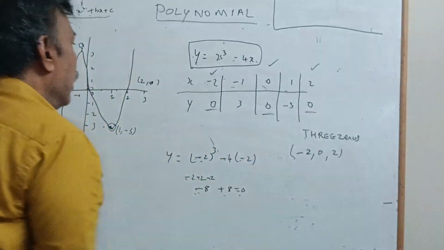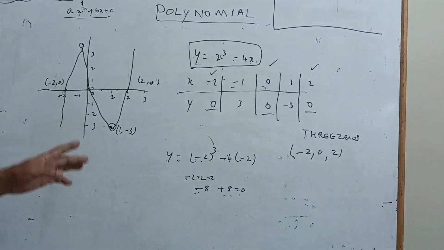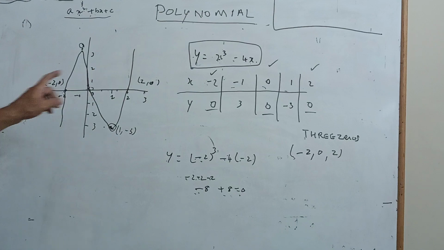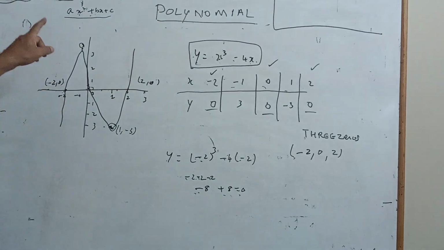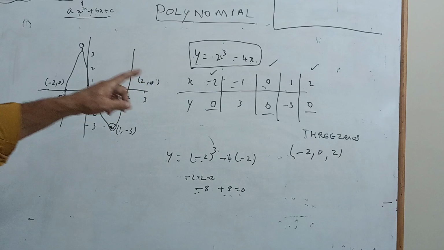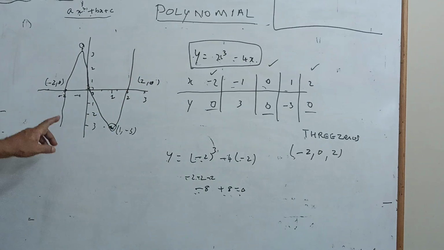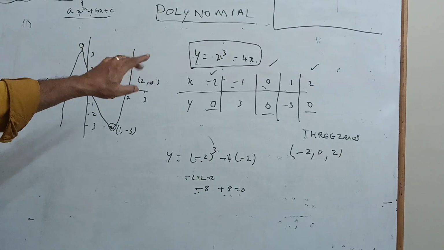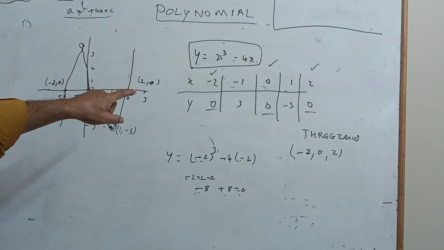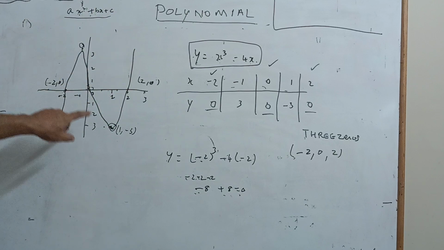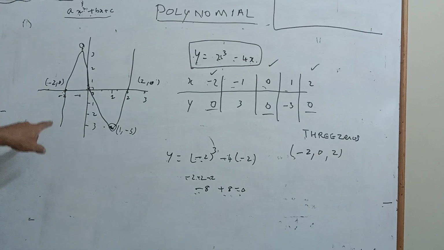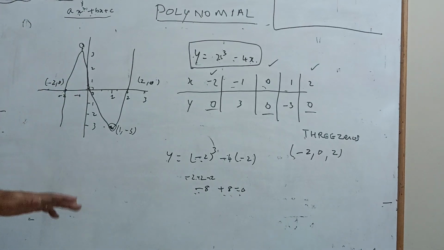Here 0. So that is the intersection. When the graph cuts the x-axis, the value of y becomes 0. So in this degree 3 polynomial, this is the maximum number of zeros you will get. Not more than this 3. But you will get sometimes less than 3 also.